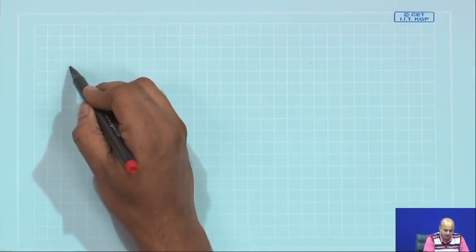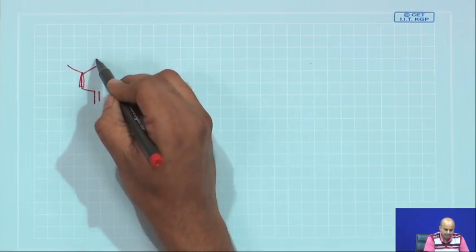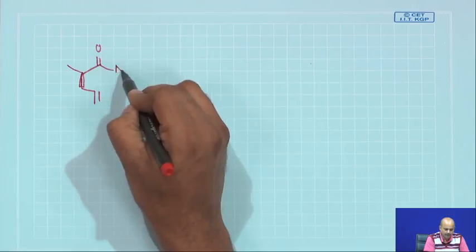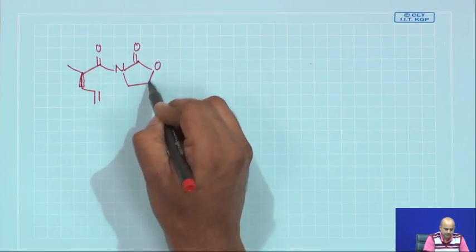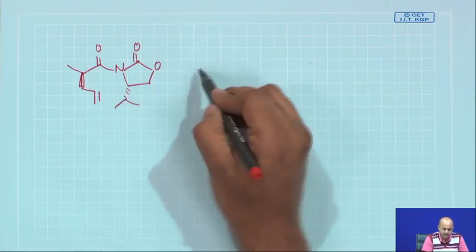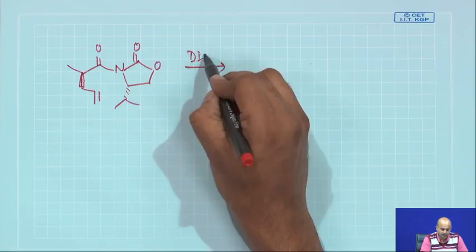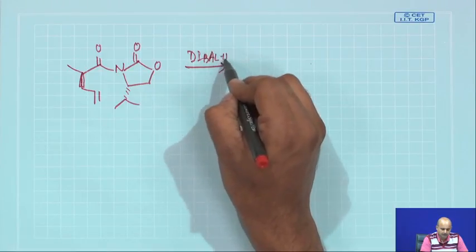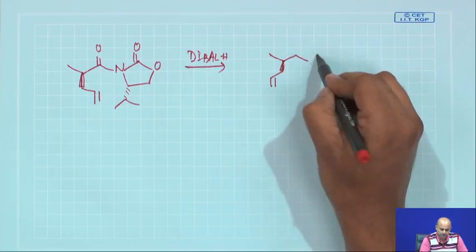So, we are basically discussing how this oxazolidinone can be cleaved in an efficient way. We say the reductive cleavage is very well known, DIBAL or other things can easily be done. That will basically give you our target molecule, that is fine.